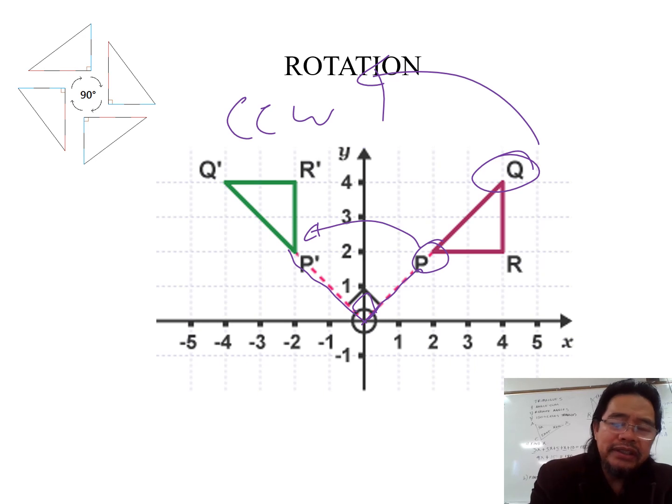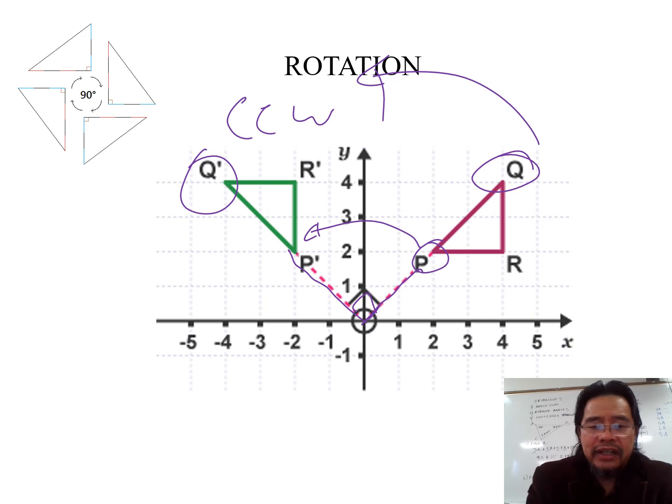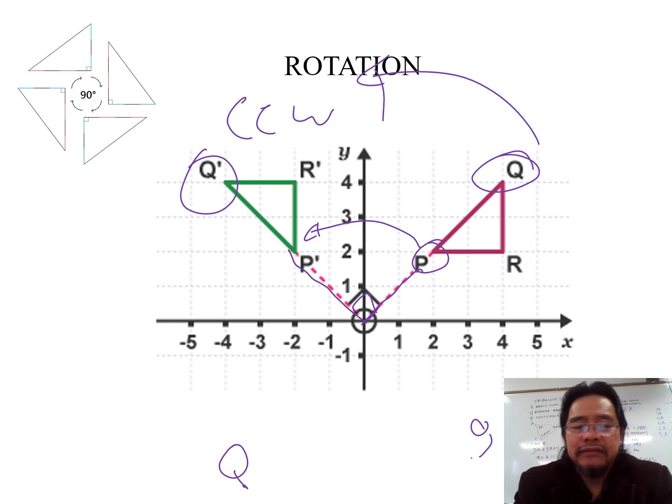When moved to the other quadrant, Q maintains the topmost position here. Look, observe Q. When it goes to the other side, it faces the outermost part to the left. When it goes down, Q will be facing down. When it goes here, Q will be on top, and it goes back.